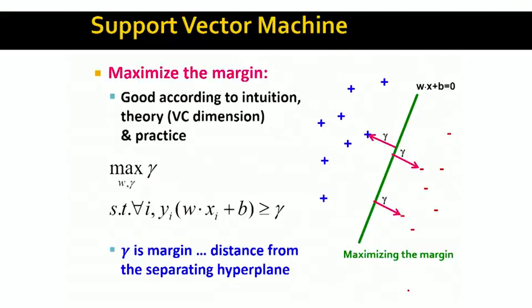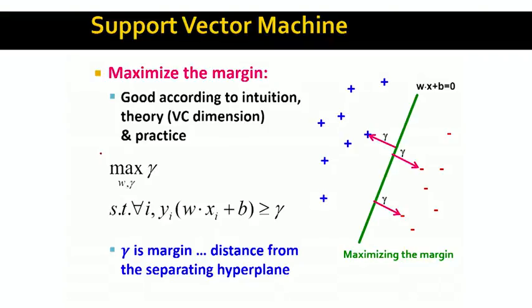To summarize what we learned so far about the support vector machine, the method works by finding a separating plane or decision boundary that maximizes the margin. We said that this is good both according to intuition as well as according to theory. In particular, the theoretical argument is based on the Vapnik-Chervonenkis dimension, and it also works well in practice.